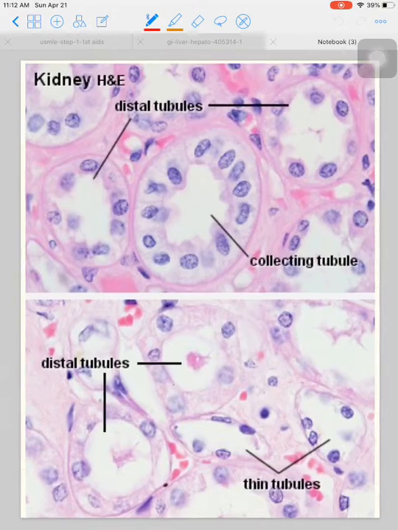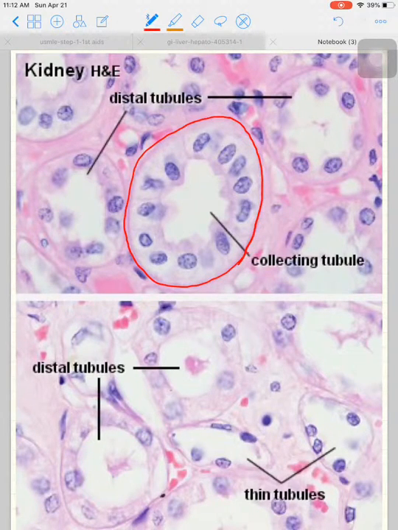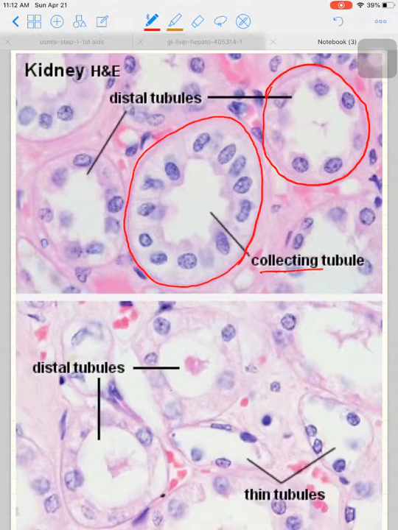Our next image is the collecting duct, distal convoluted tubule, and thin descending and thick ascending loop. The difference between the collecting duct and the distal convoluted tubule is that the collecting duct is a larger tube, because the collecting duct receives many distal convoluted tubules from many nephrons.